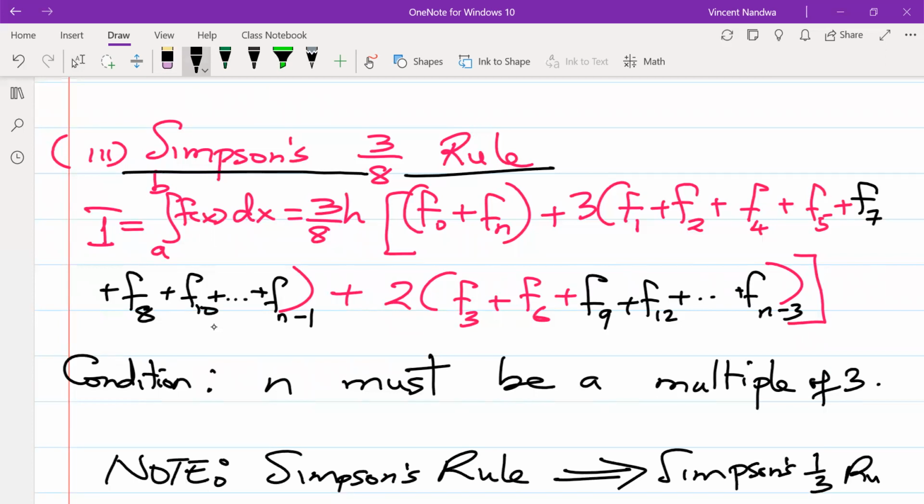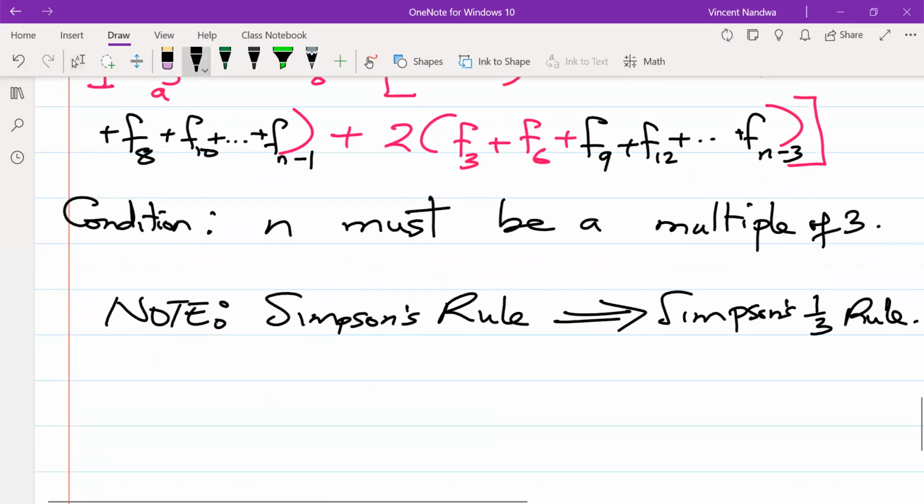So when a question is open, whether it's specifying a third or 3/8 rule, then by default, when you talk of Simpson's rule, you mean Simpson's third rule. If you want to make a reference to the 3/8 rule, then you have to specify that that's what you're implying.